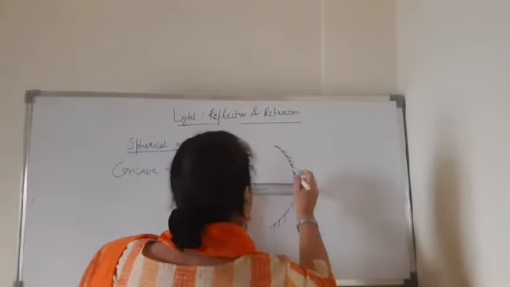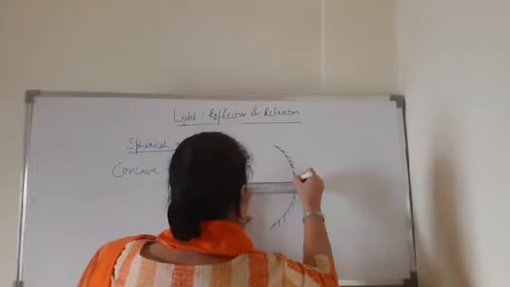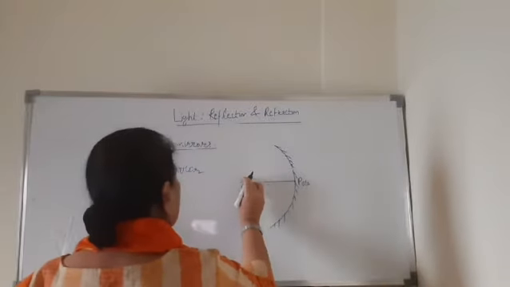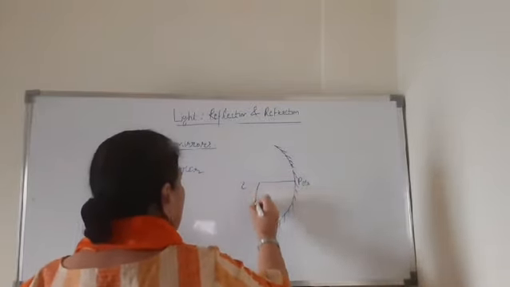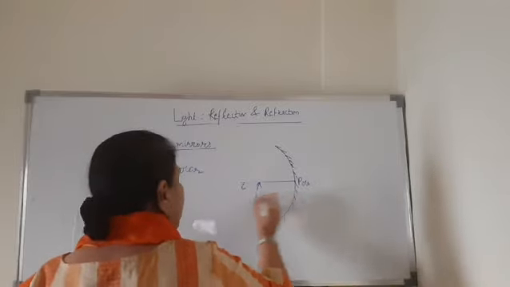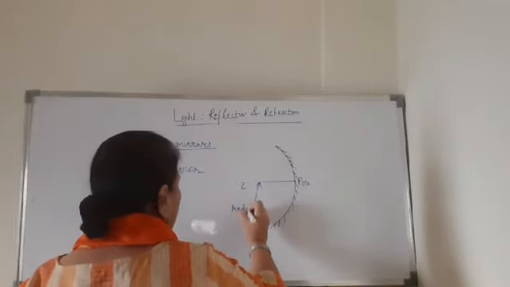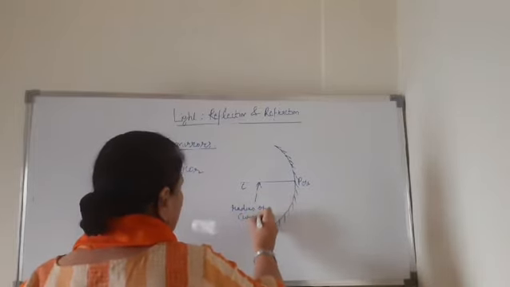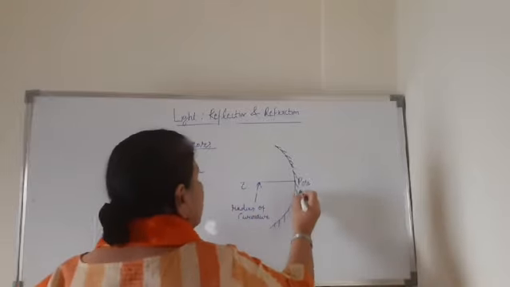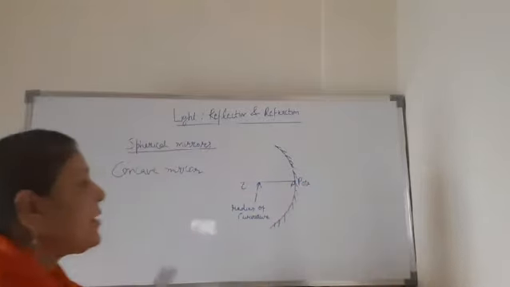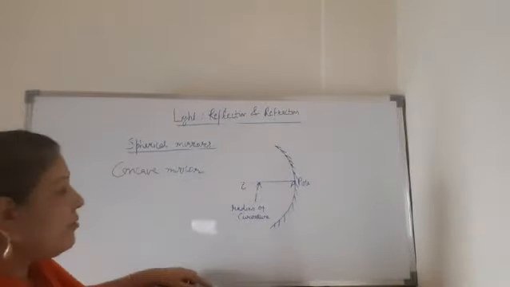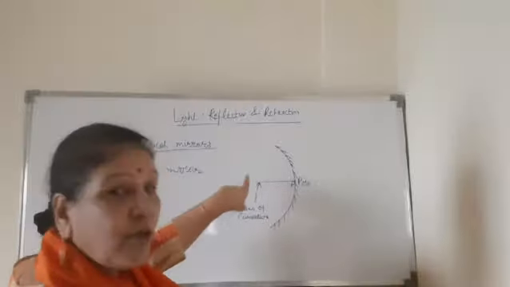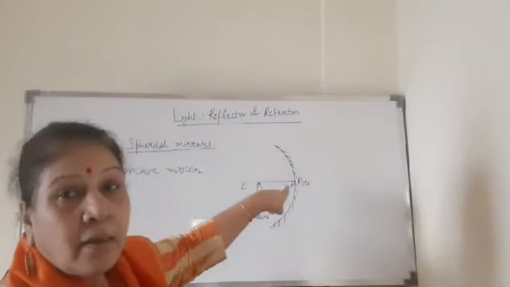This is the pole, and we usually refer to it as P. The line which passes through these two, the pole and the center of curvature, is called the radius of curvature. So if this is P, then CP is the radius of curvature, where P is the center point of the concave mirror and C is the center of the sphere from which the mirror is made.